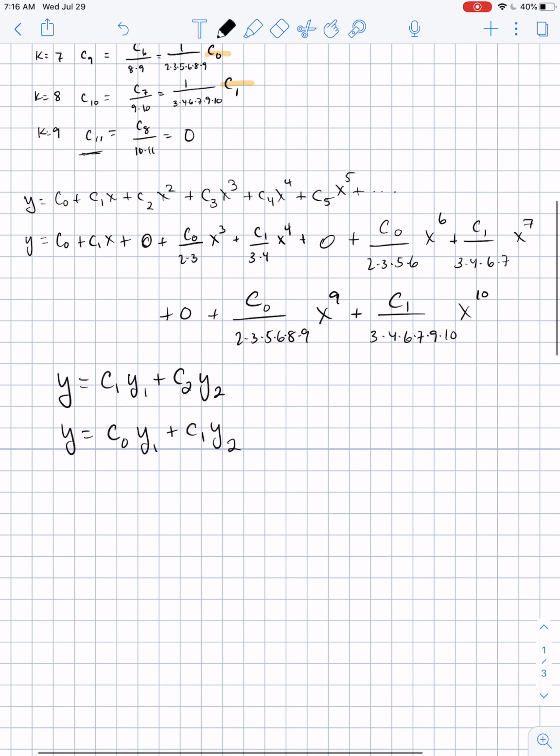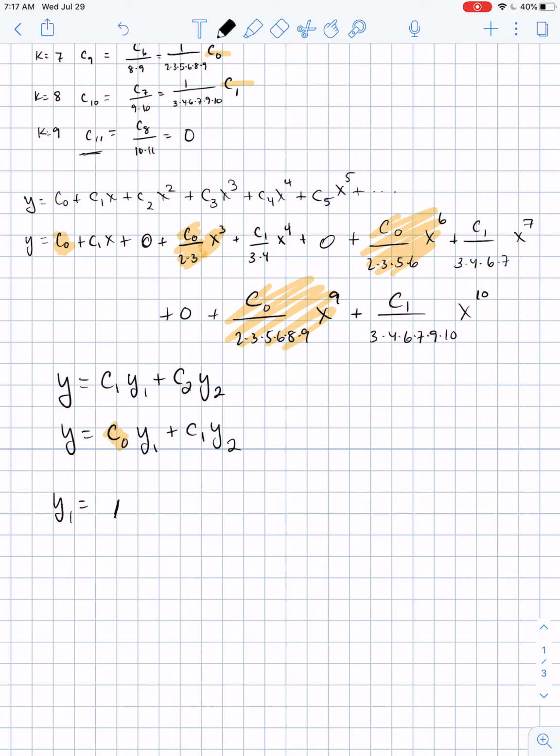So when you're writing your solution for y1, you're just looking at all your C sub 0 terms. So you have this term here, you'll have this term here, right? C sub 0 term, C sub 0 term, and so on. So you don't need to worry about the C sub 0. You're kind of factoring that out.